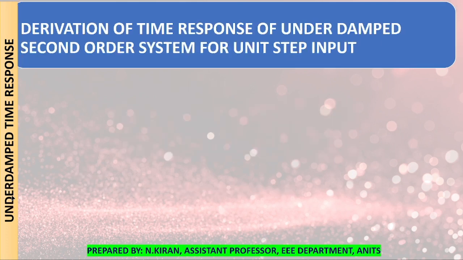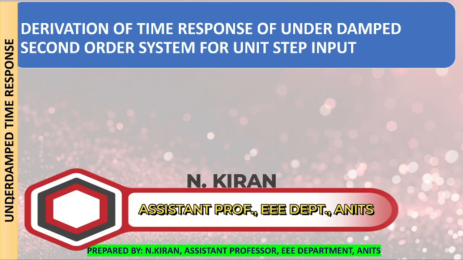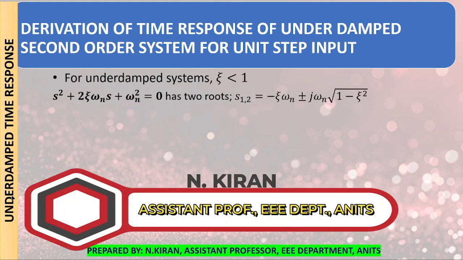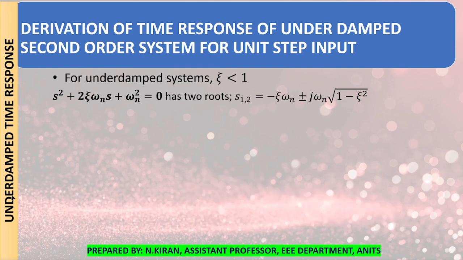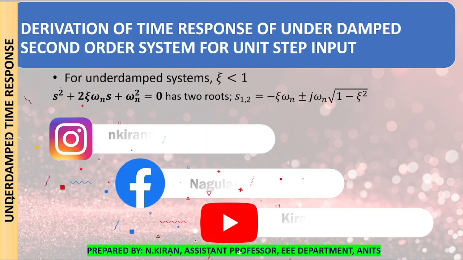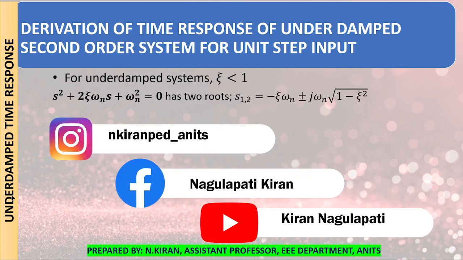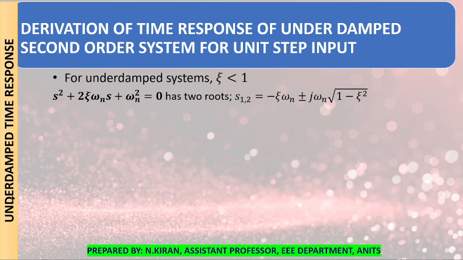The second case is the underdamped second order control system for unit step input. Since it is underdamped, zeta lies between 0 and 1, and the standard equation we know is omega n square by s square plus 2 zeta omega n into s plus omega n square.